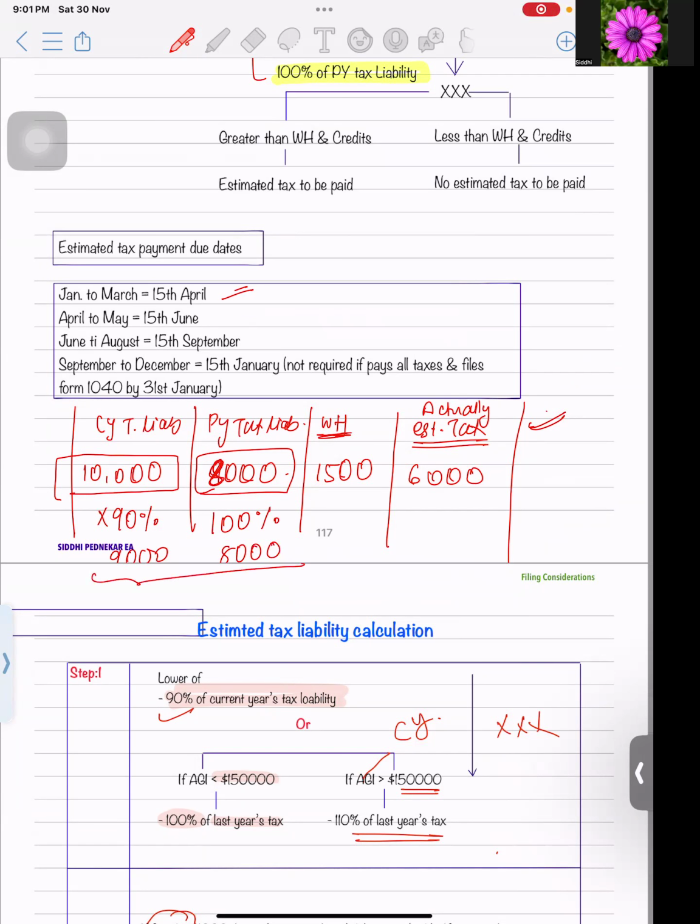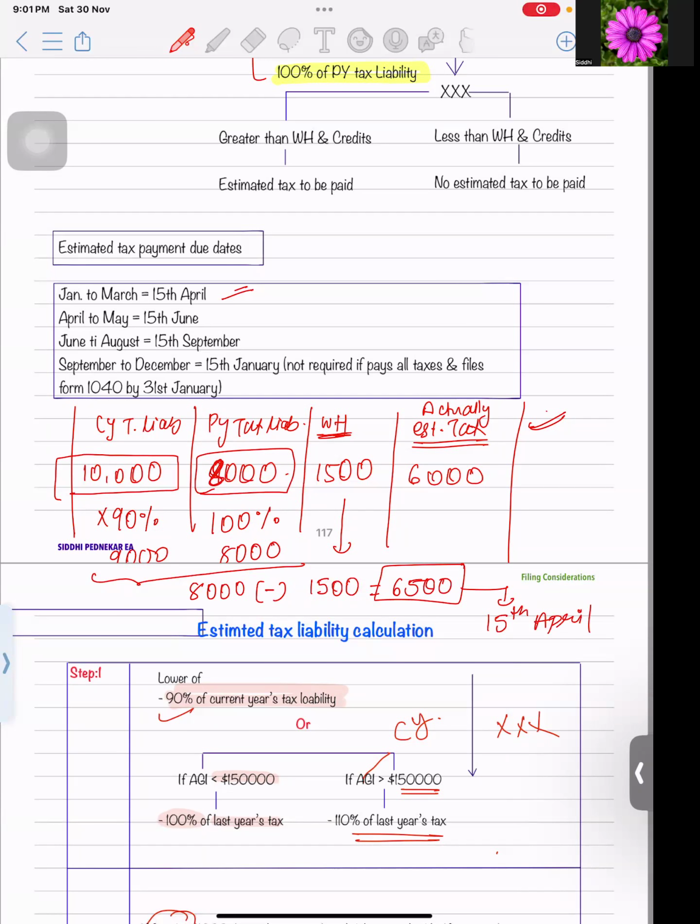Whichever is lower means you should have paid estimated tax of $8,000. But out of that, already the withholding is done for 1,500. So how much extra you still need to pay is $6,500. This much extra you still have to pay to the IRS before 15th of April. Are you clear with this?